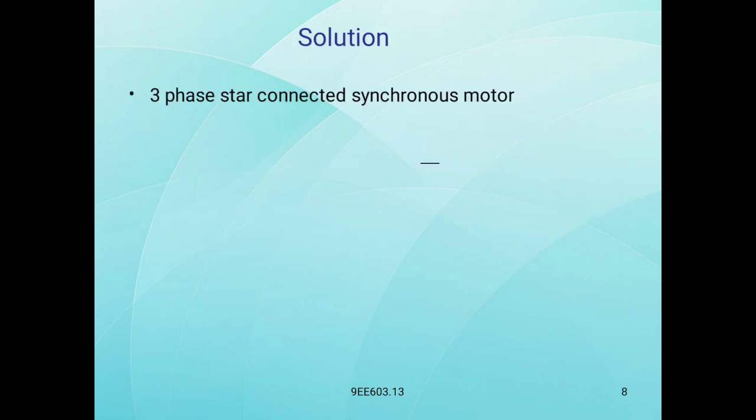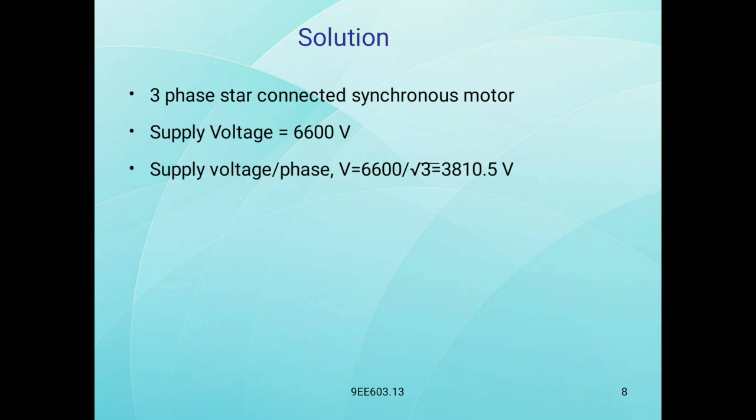Solution: three-phase star connected synchronous motor, supply voltage is 6600 volts. Here it is star connected, and the voltage given is line voltage, so we convert into phase voltage.